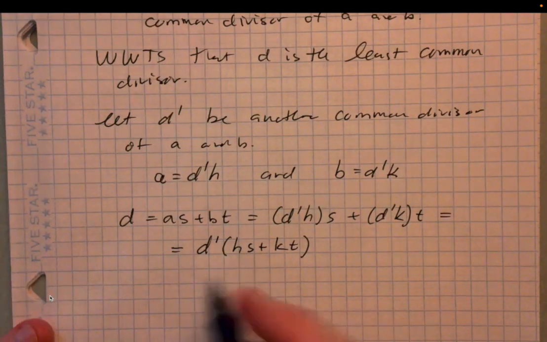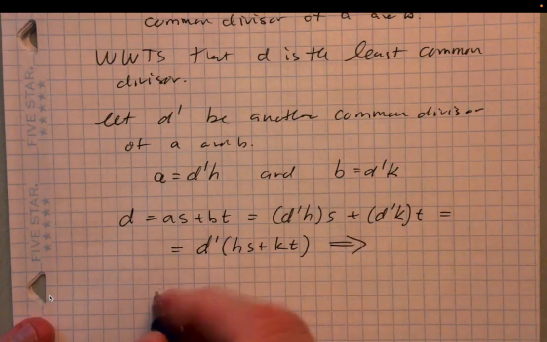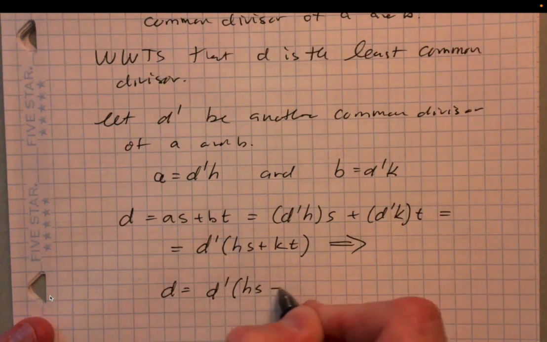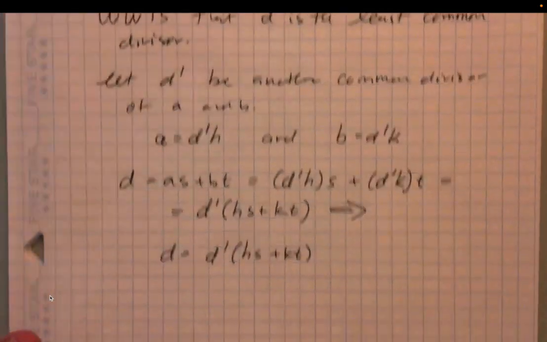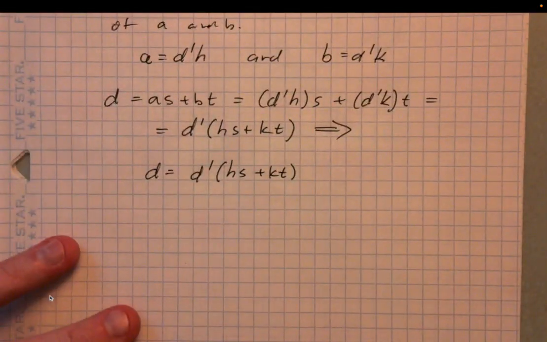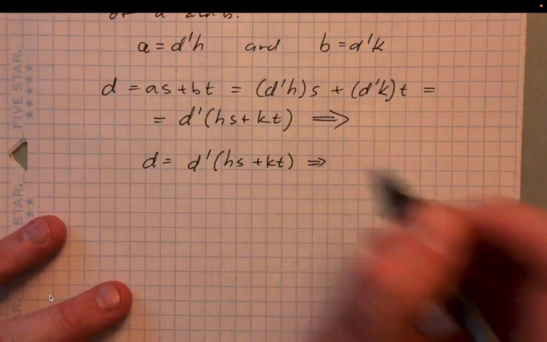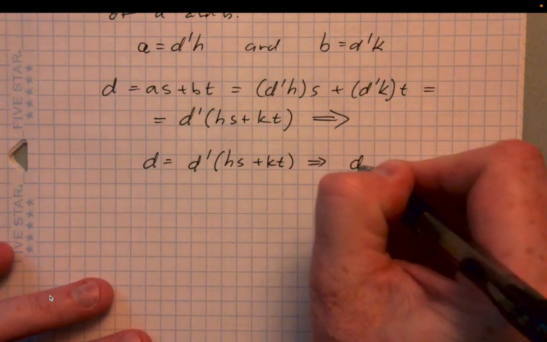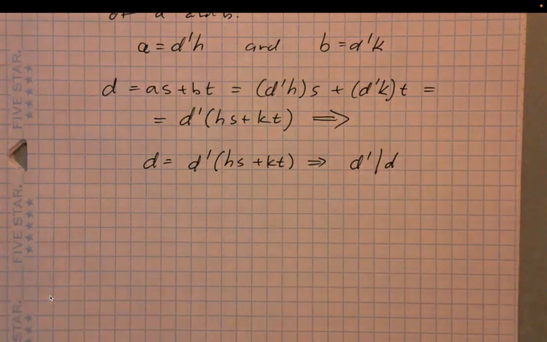So this is saying that D is equal to D prime times some integer HS plus KT. And what does this mean? Well, this just means that D prime divides D. So if D prime divides D, then D prime must be smaller than D.